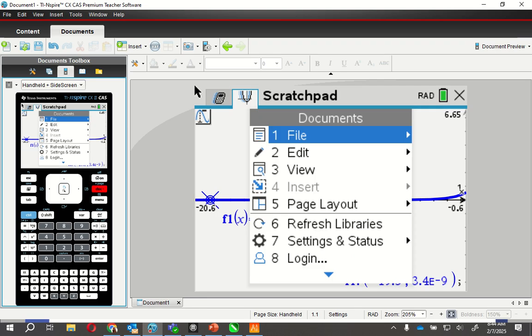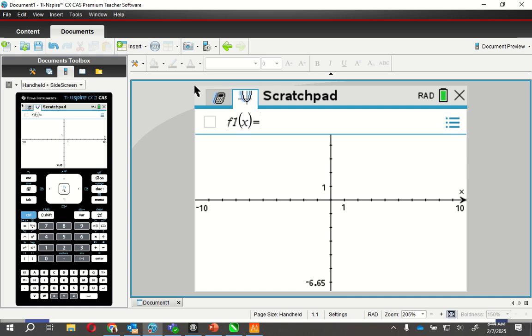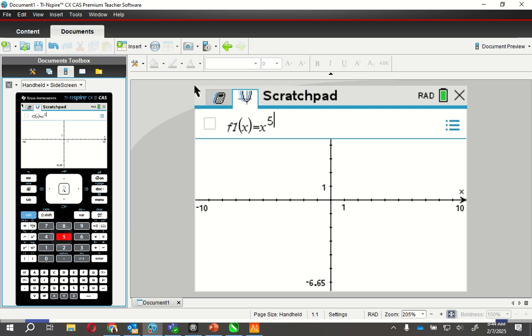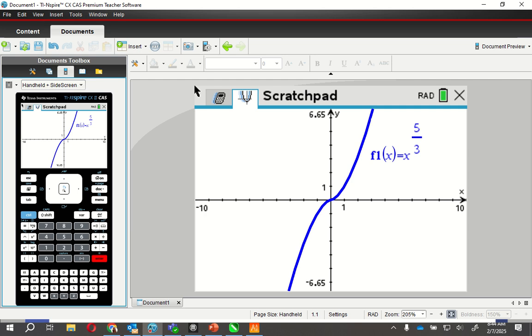The original was x raised to 5/3. So it looks like we do have a point of inflection there, where it's changing from concave up to concave down, but my slope is all positive from here to here.